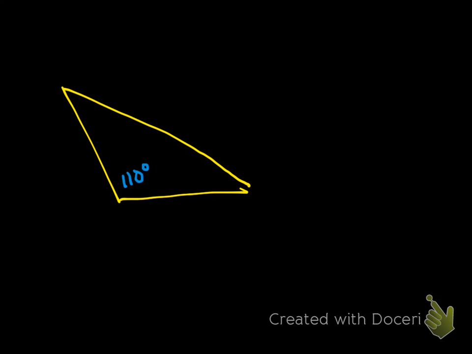Okay? Now, the other part is if I give you a triangle and I don't give you side lengths, but I give you angles. So let's say this is 110, this is 40, and this is 30, and these are sides A, B, C. So my smallest side is going to be opposite my smallest angle.